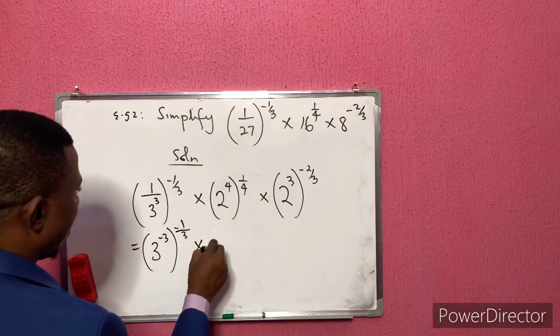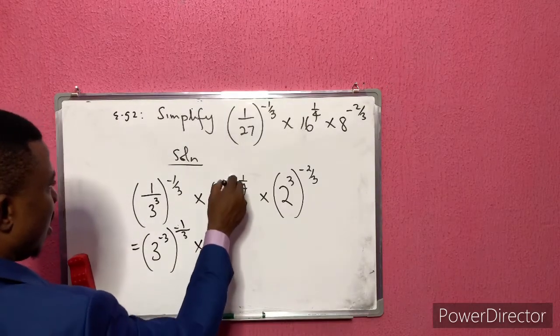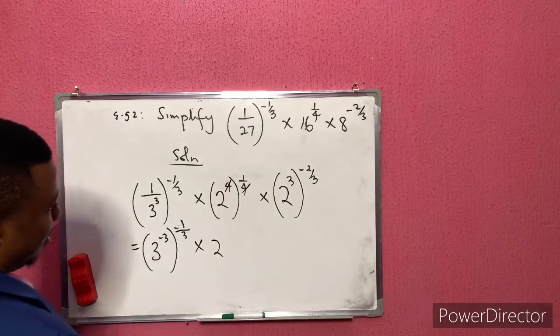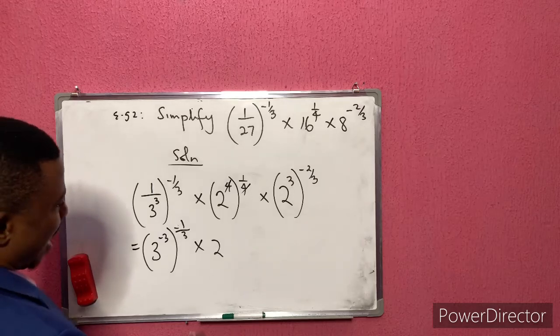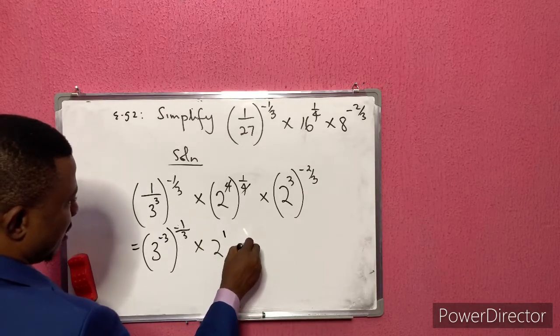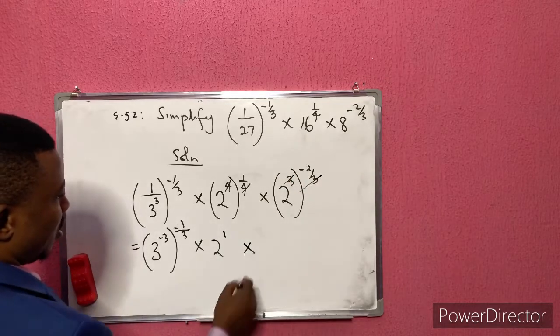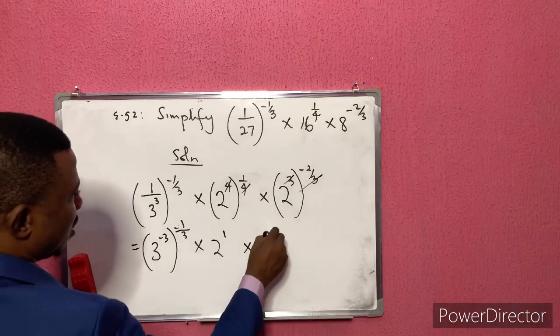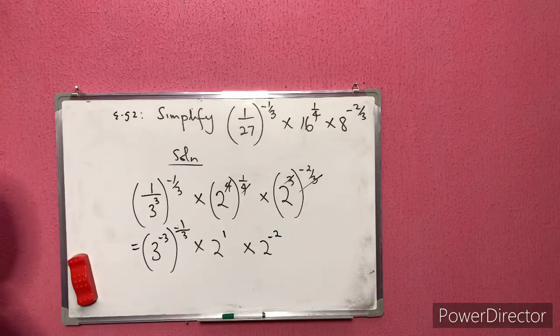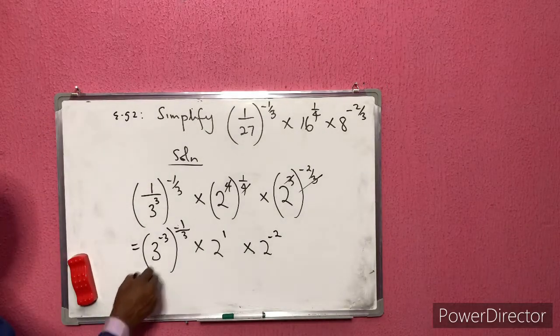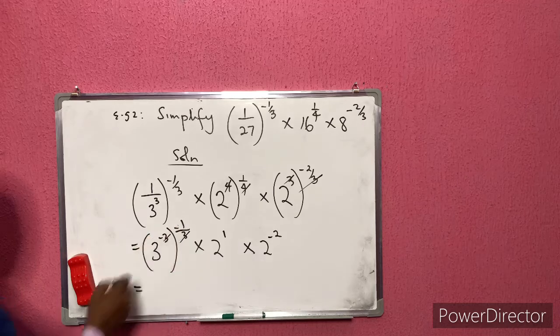Multiply by 2. This will cancel this. You have 1 power 1. Multiply by this, will cancel this. You have minus 2 remaining. So in this case, you can have this cancel this.